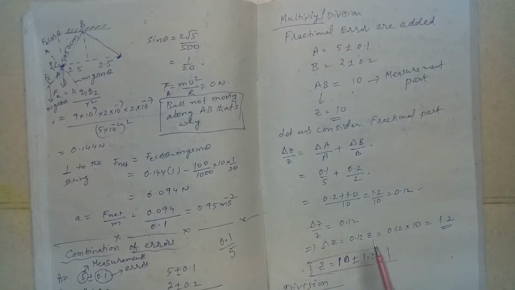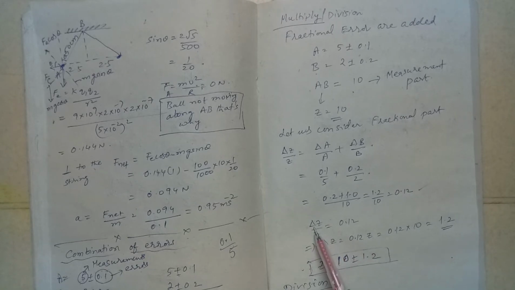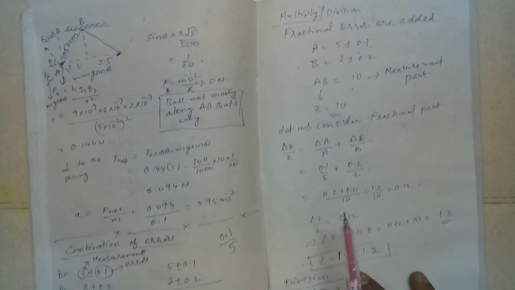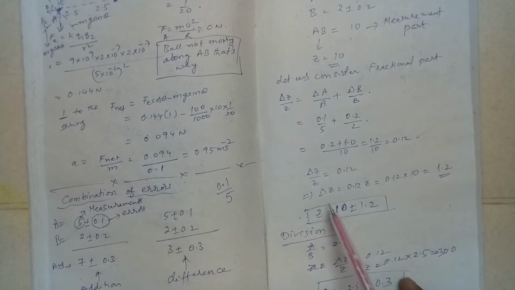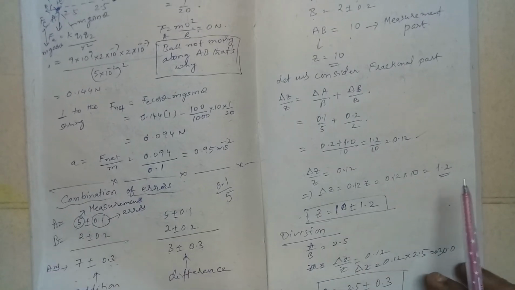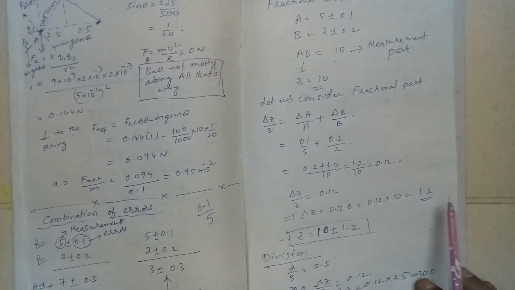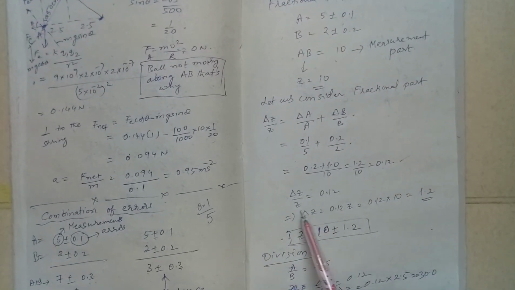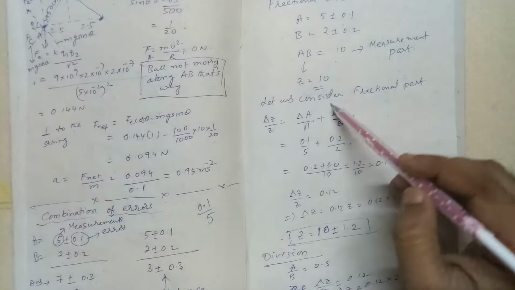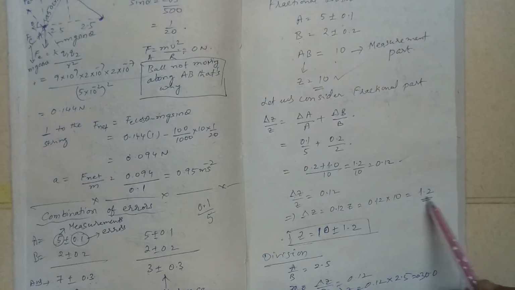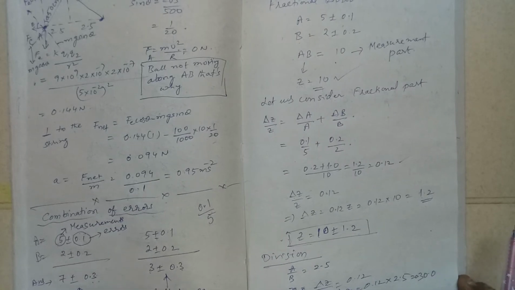But what are we interested in finding out? We are interested in finding out delta Z, like here we have calculated 0.3. So here also we want to find out delta Z. The delta Z will be equal to 0.12 into Z, so 0.12 into 10, because the Z value is 10, we have calculated earlier. So it will be 1.2. So what will be my total answer?